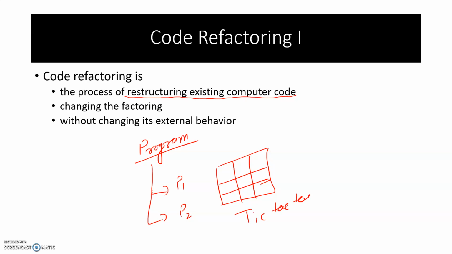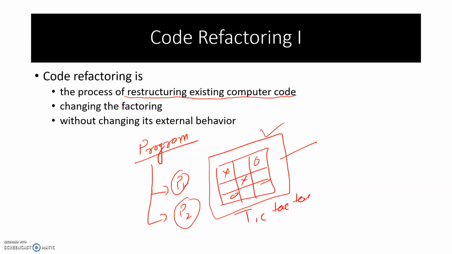This is nothing but tic-tac-toe game. So player 1 is making some mark, then player 2 is making some mark, then player 1 is again putting some mark on this interface, then player 2 is making some mark. So player 1 and player 2 are playing this tic-tac-toe game, and a code or program is written for this.